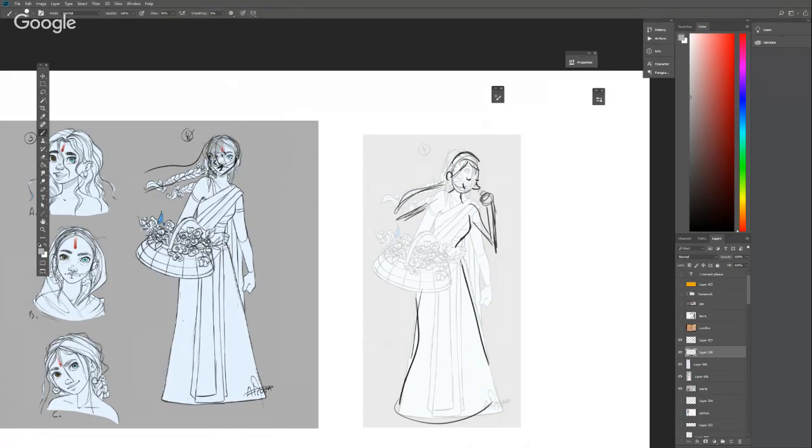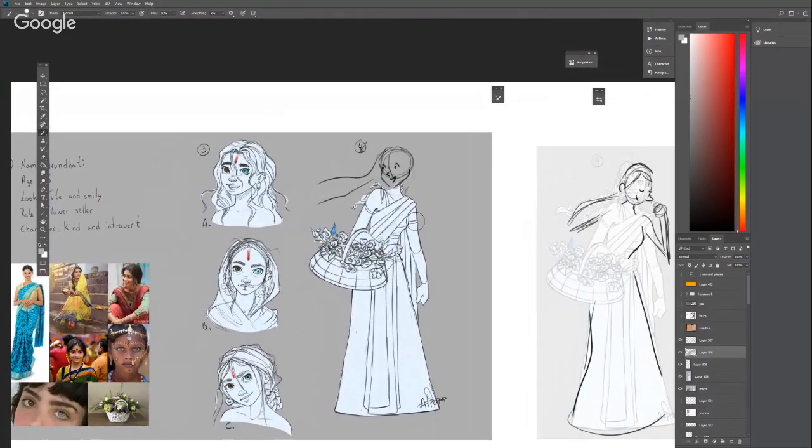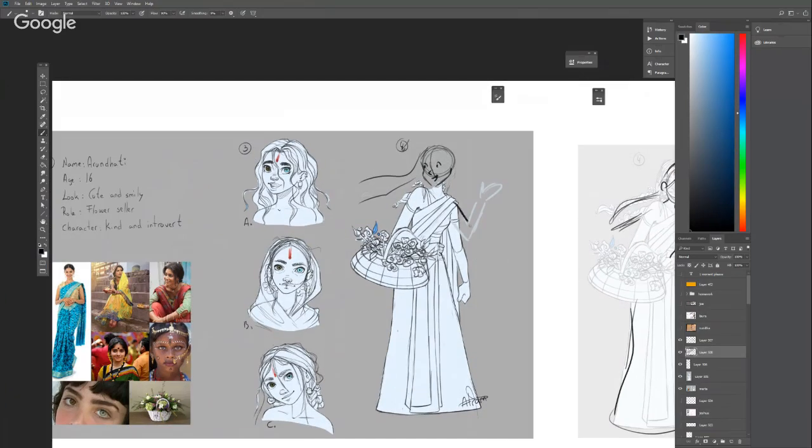It makes it a bit more dynamic, at least that's what I think. Maybe she's waving or something. Even in a static pose like this, you can think a bit more about what he is doing.